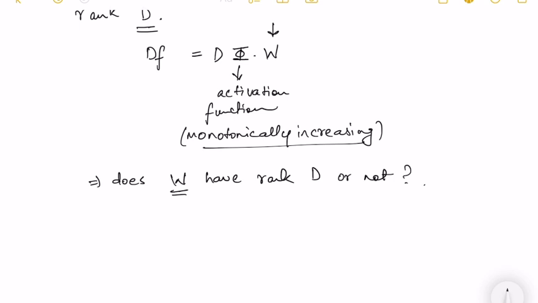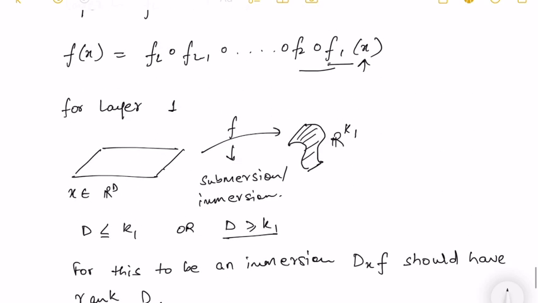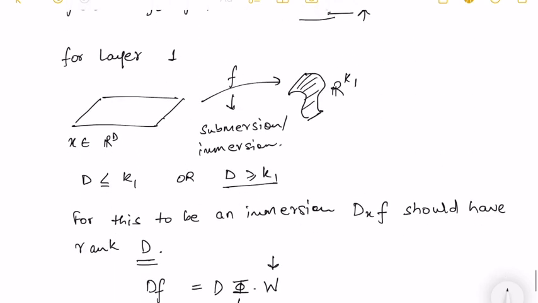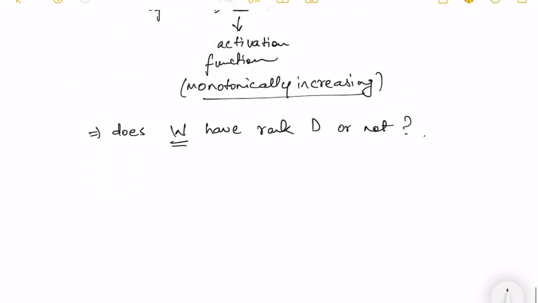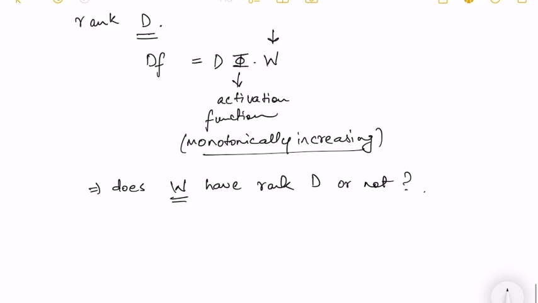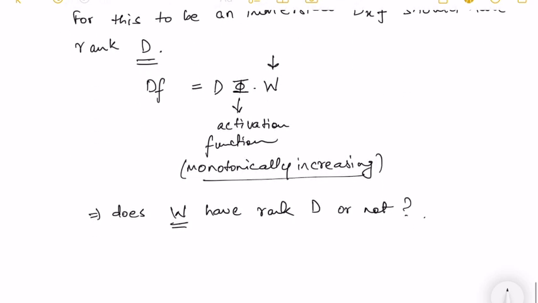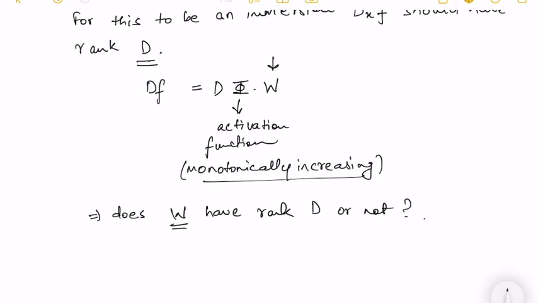And if we were checking the condition for a submersion, in that case, again, you will have to check whether d is less than or equal to k1 or d is greater than or equal to k1, and then find the Jacobian and see if the Jacobian satisfies the correct property or not. Okay, so that is how every layer of a neural network can be understood as a submersion or an immersion between manifolds. And yeah, so that's how it connects to the neural network theory. All right, thank you.